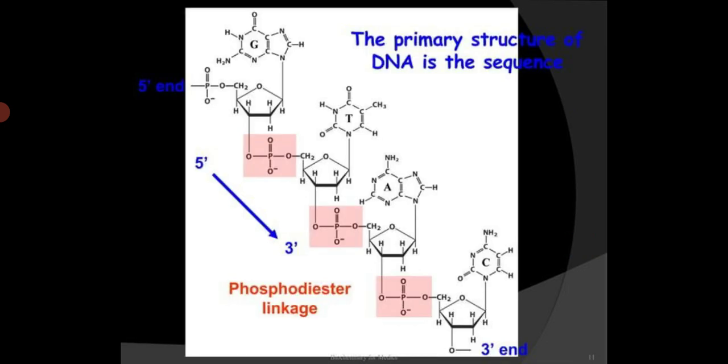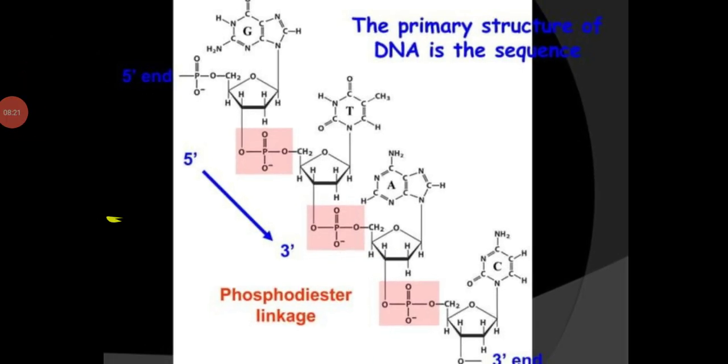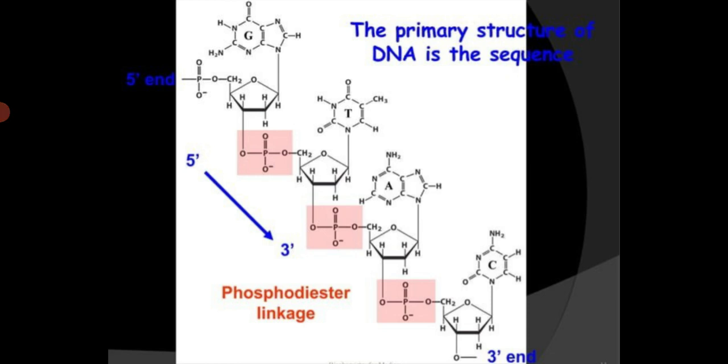Now about the DNA structure. Here in this image there is one polynucleotide chain, and this polynucleotide chain contains a number of deoxyribonucleotides.